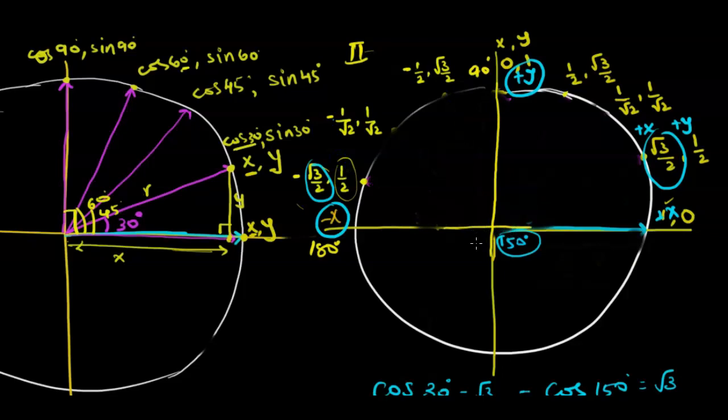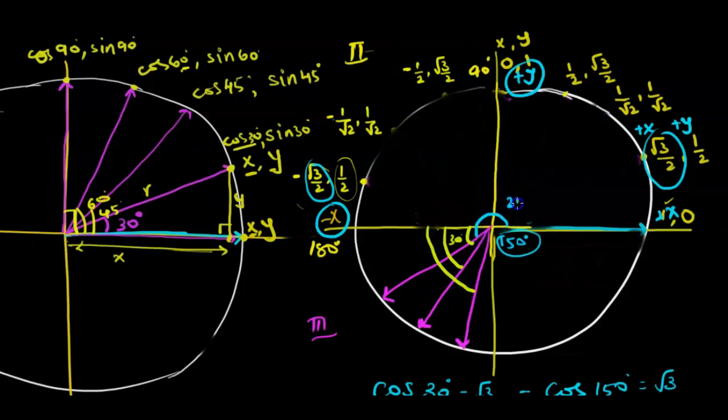Similarly, if we talk about the third quadrant, so this is our third quadrant, the only angles that we will be considering are 30, 45 and 60. So it is going to be related acute angle 30, 45 and 60, whereas now the principal angles would be 180 plus 30, which is 210.